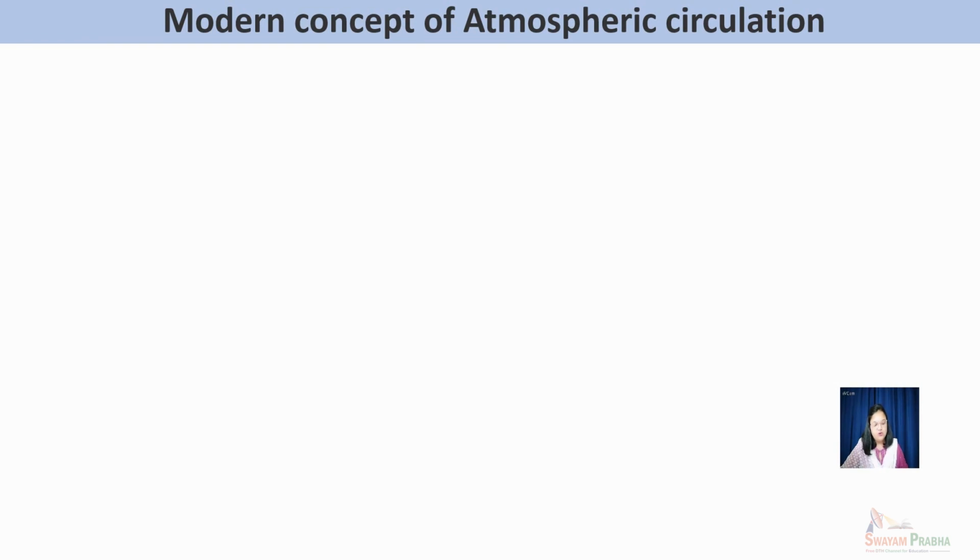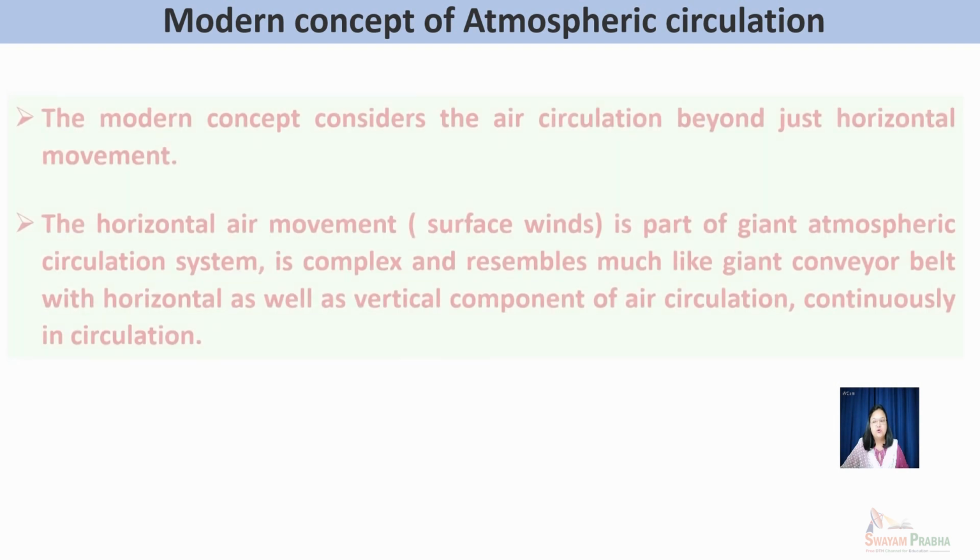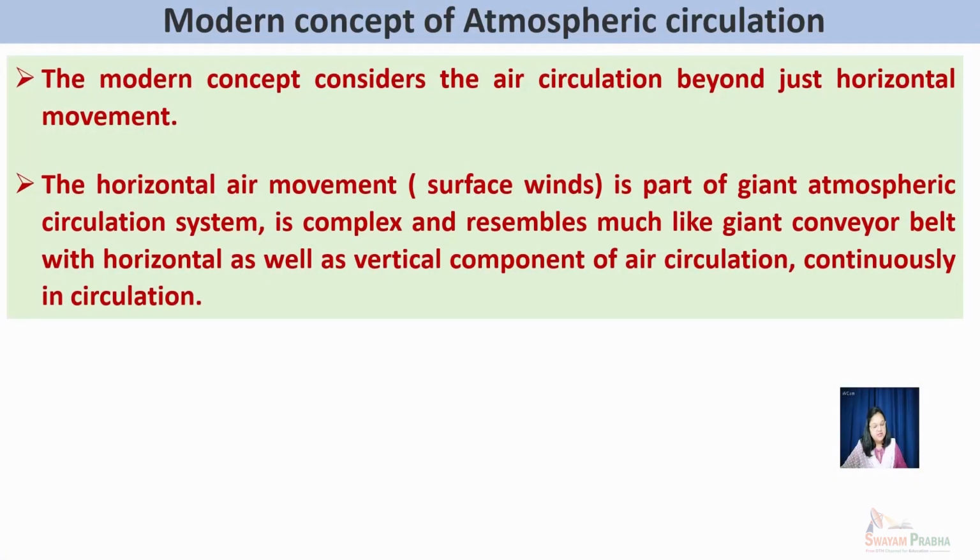So the modern concept or modern models which explain the general atmospheric circulation of today consider the air circulation beyond just the horizontal movement.